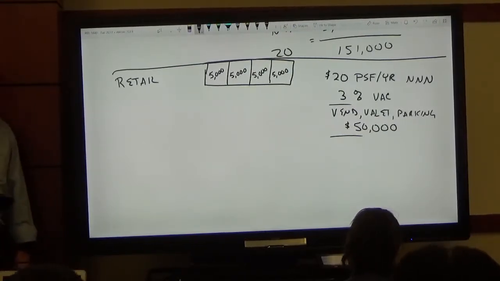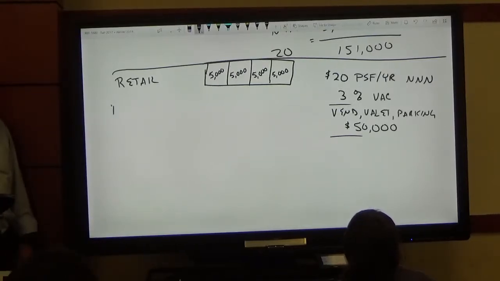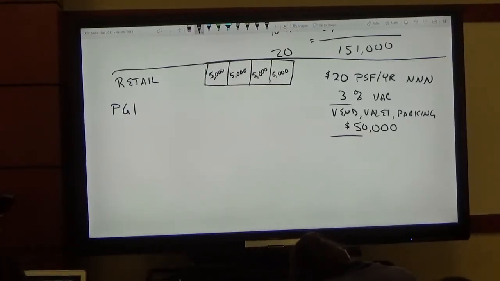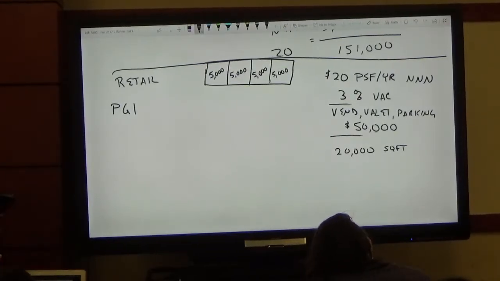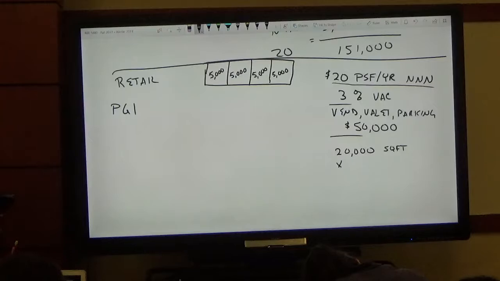Love it, okay. All right, so let's just see what we've got here. Potential gross income. In this case, we've got 20,000 square feet. Now, in this case, our rental income is already quoted in a yearly rate, because in most cases, whenever we're dealing with anything non-residential, we typically quote it on an annual basis.